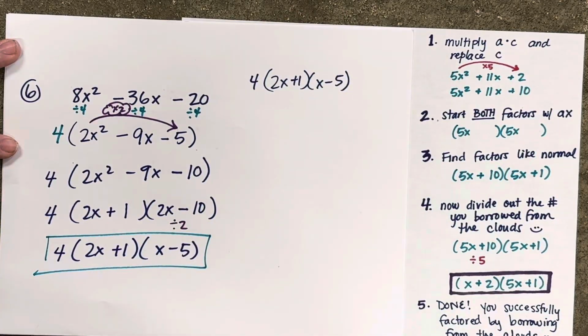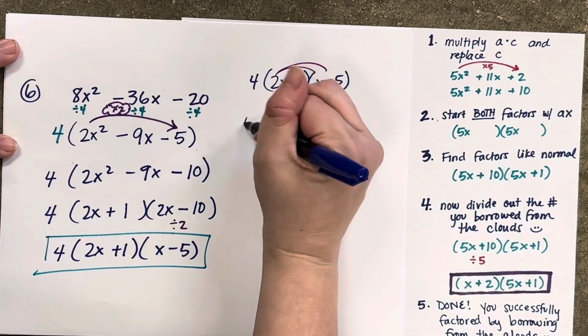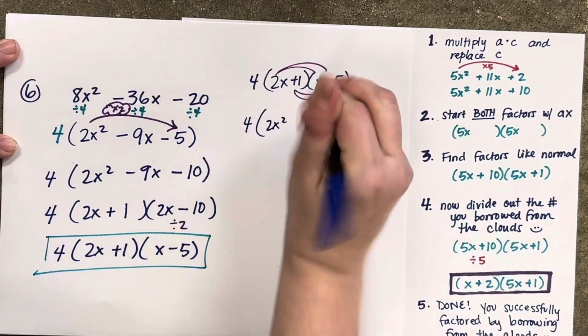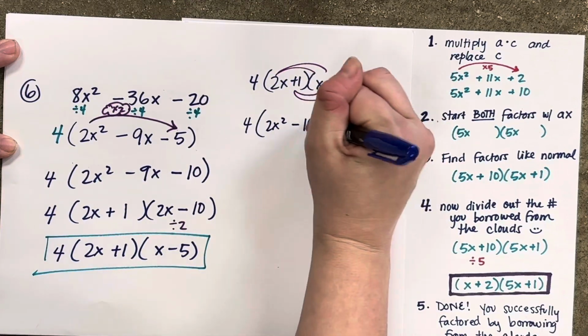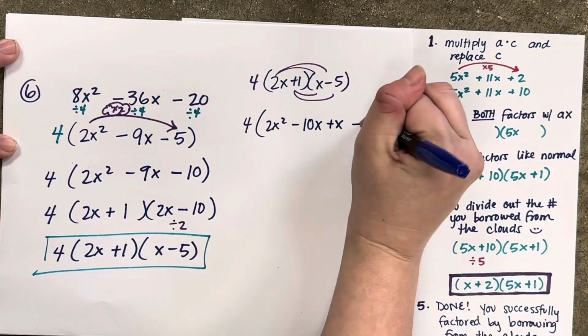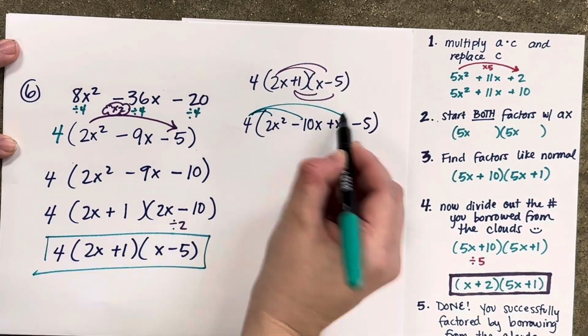So here's what I would do. You're going to FOIL: first, outside, inside, last. You still have that 4 times the stuff we're doing. 2x squared minus 10x plus x minus 5. Then distribute your 4 to all your terms.